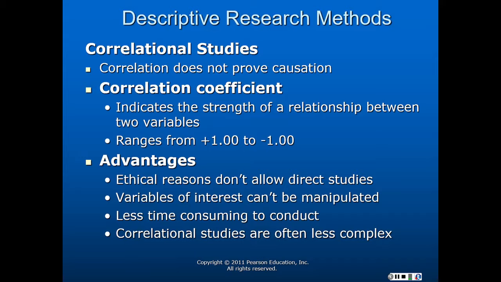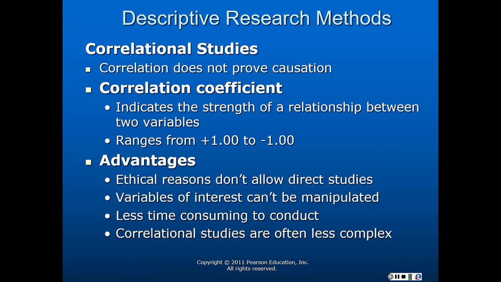The advantage to having a correlational study is that it allows you to gain information about a topic that you can't necessarily do some form of experiment with because of ethical reasons.